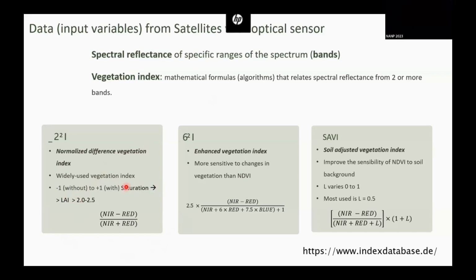The other ones are just to illustrate that we have some other commonly used greenness vegetation indices, like the enhanced vegetation index, and some soil adjusted vegetation indices for sparser areas or for measurement of soil conditions.